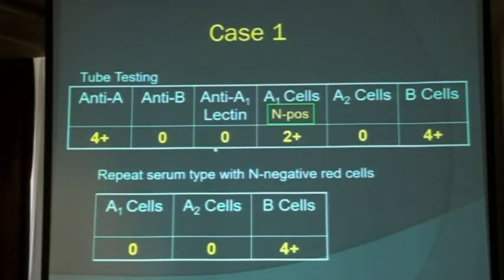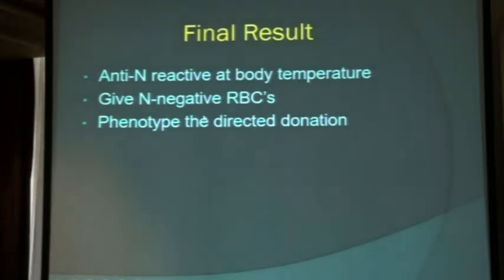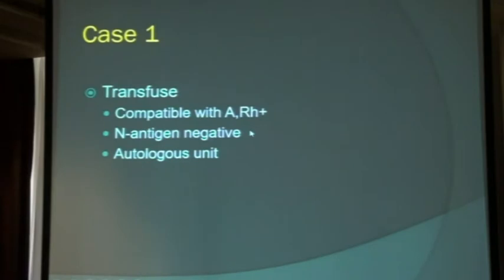By repeating the test with anti-A cells that were N positive, the patient gave +2, and with N-negative red cells, the patient had negative results. So the final result is anti-N reacting at body temperature, and we give the patient N-negative RBCs, phenotyped, from a directed donation.